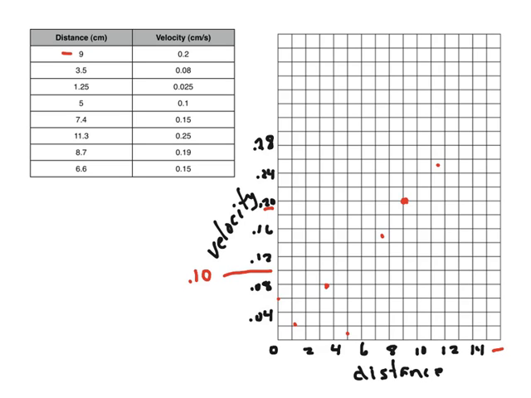So we got 0.16, 0.18, 0.19 right in there. 6.6, roughly 6.5, 0.15, 0.12, 0.14, 0.15.